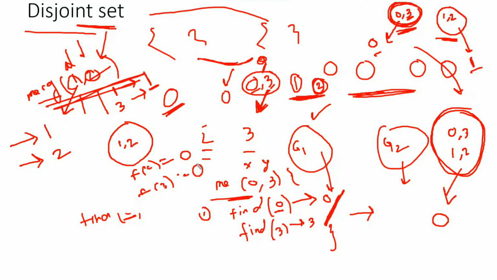The find operation for 3 also gives 0. It means the representatives are the same, so both data are already in the same group. They are already friends of each other, so I will not perform the merge operation because they are already merged into a single group.